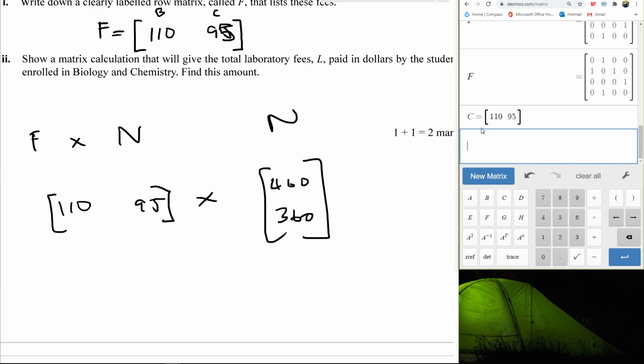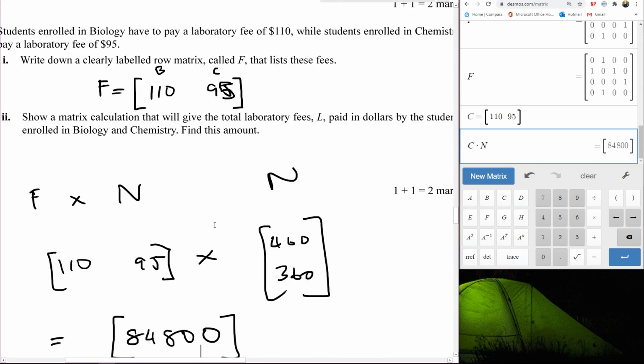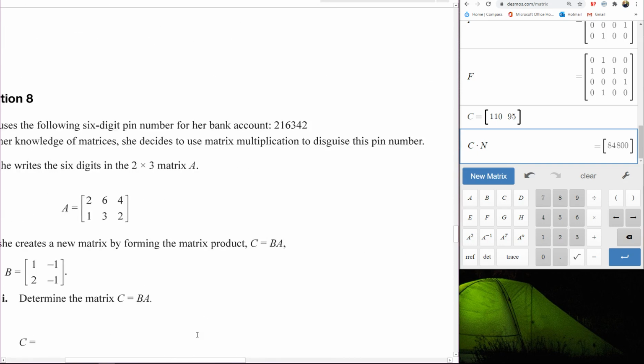So it's now C multiplied by N. When you multiply them together, it gives you the total 84,800, which is how much all the students will pay for the labs for chem and bio. Okay, let's move on.